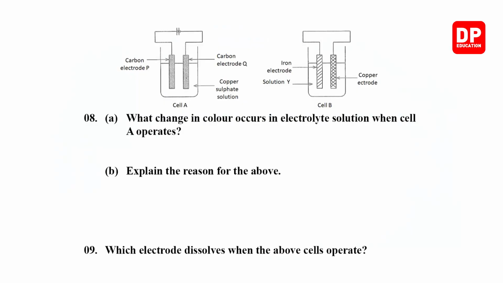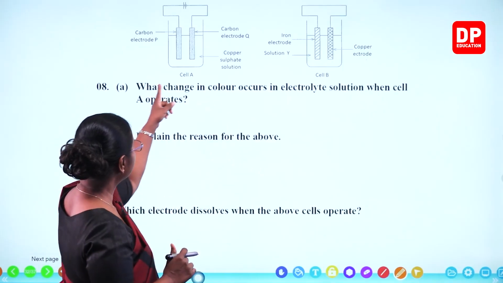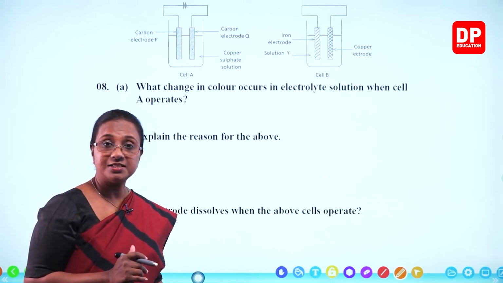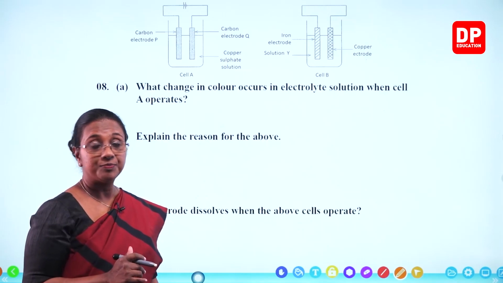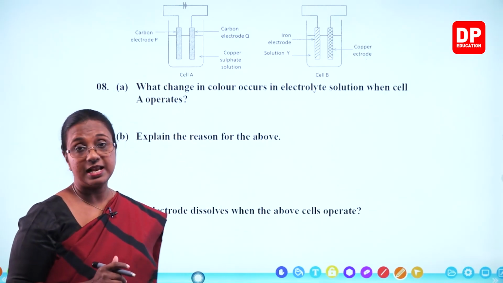The same cells are given to you. Part 8. A part, what change in color occurs in electrolyte solution when cell A operates? Cell A operates, what is the color change you observe? Now copper sulfate is blue in color. And here both are carbon electrodes.